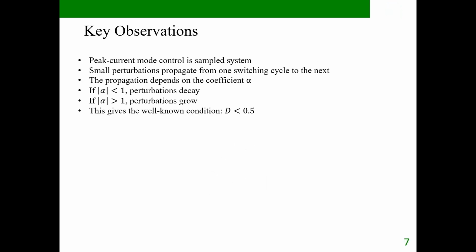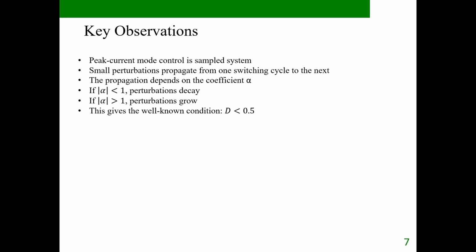Before we finish, let's summarize the key ideas from this video. First, peak current mode control is fundamentally a sampled system. The PWM comparator makes one switching decision every switching period, so disturbances naturally propagate from one cycle to the next. Second, the evolution of these perturbations is completely described by a single parameter alpha.